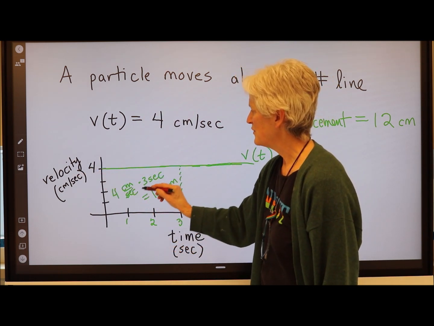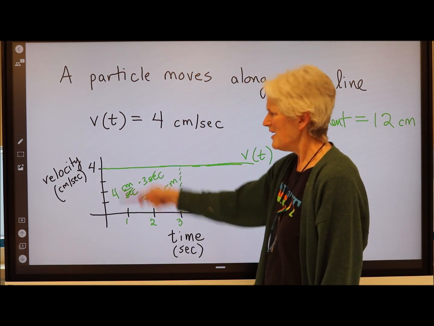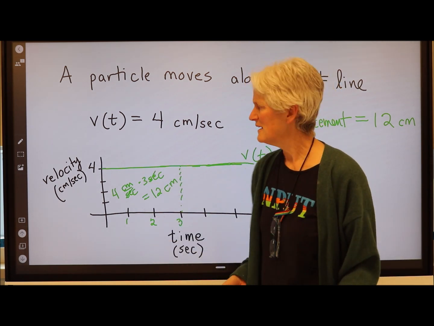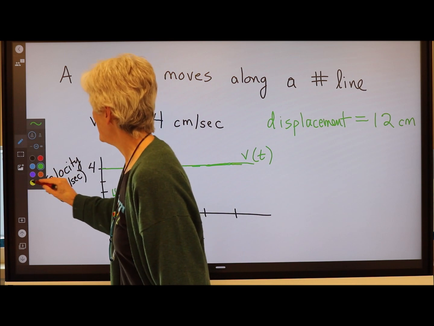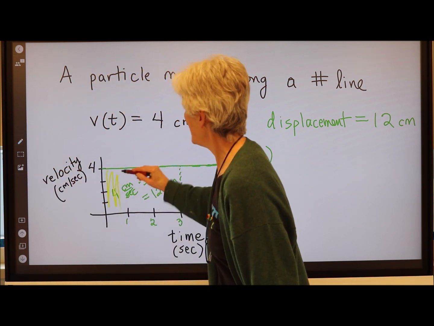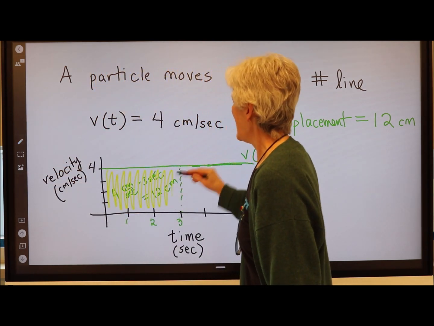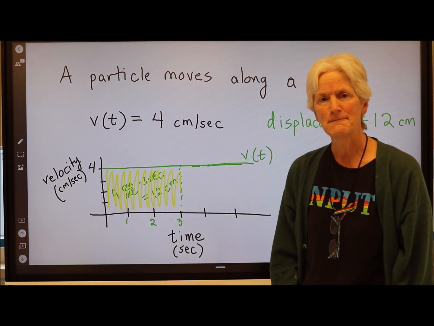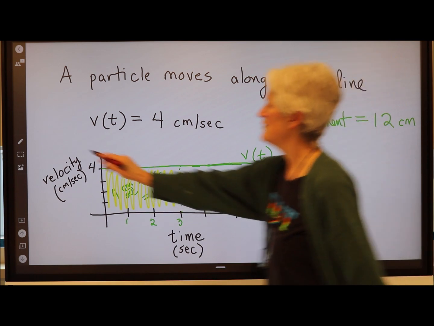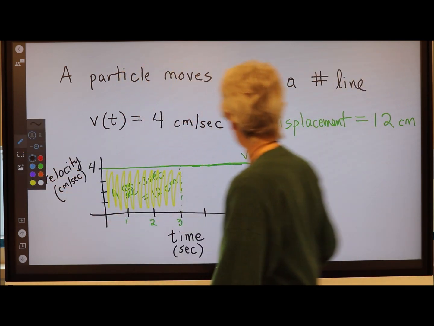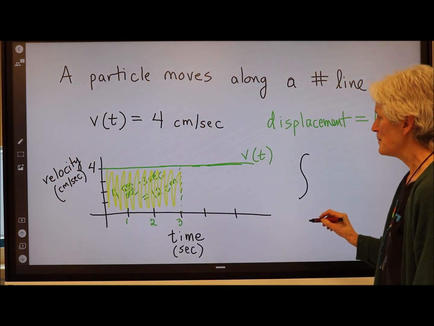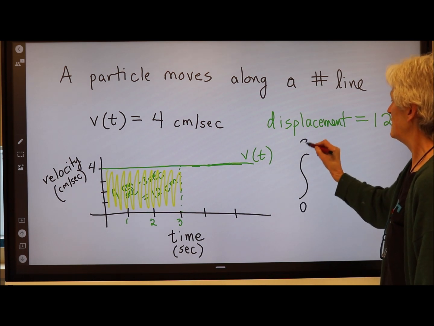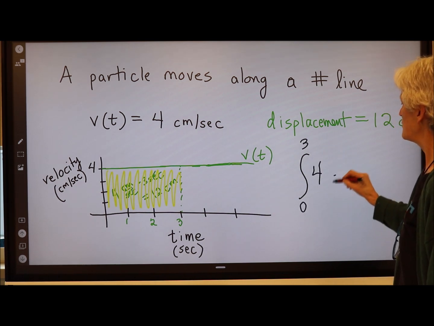We can see that those units disappear. Aren't I just finding the area there? Aren't I just finding this shaded in area? Isn't the area under the curve the same as the displacement? Isn't 12 the same as the integral from 0 to 3 of 4 with respect to time?